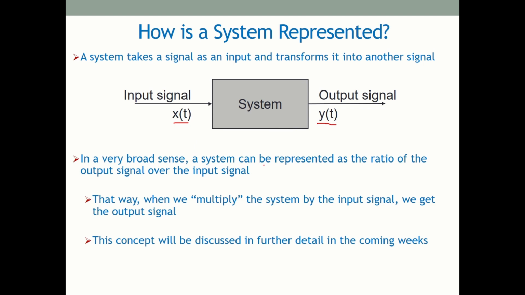In a very broad sense, the system can be represented as the output divided by the input, the ratio of these two quantities. That means if we multiply the input with the system, we will get the output y(t).